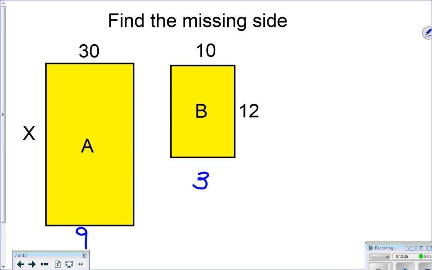No, you don't have to use all those. Just pick one, like your 30 over 10 and your 12 over x, or your x over 12, and solve. You don't have to worry about 9 and 3. You could do 9 over 3 is equal to x over 12. I mean, you can pick whatever you want out of there. You don't have to use all of those by any means. Pick one that's easy for you.